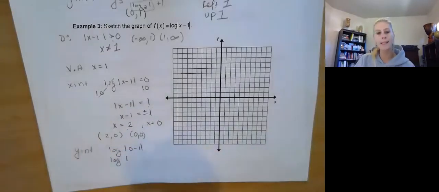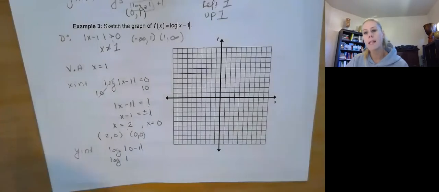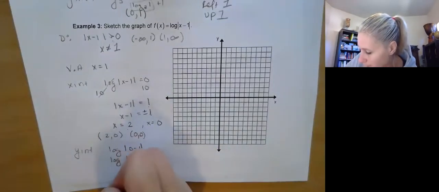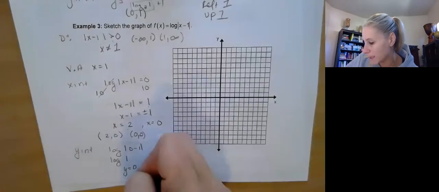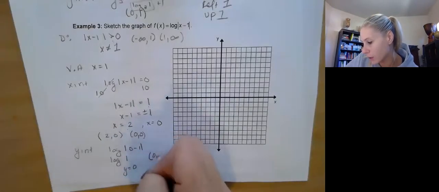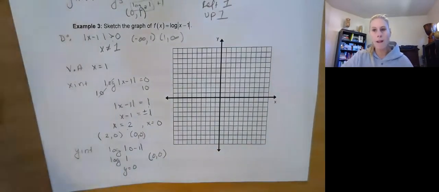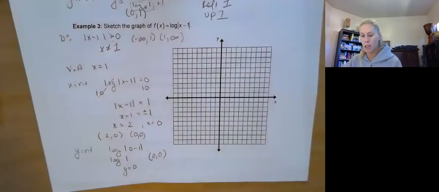Wait a second, that's asking ourselves 10 to the what equals 1. So that means y equals 0, which makes sense because you can't have an x-intercept at 0, 0 if the y-intercept is not 0, 0. Okay, let's start graphing before we figure out what's going on here.